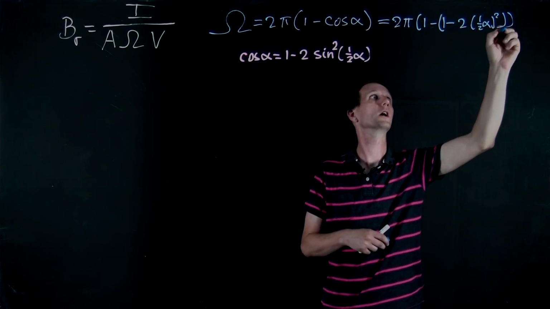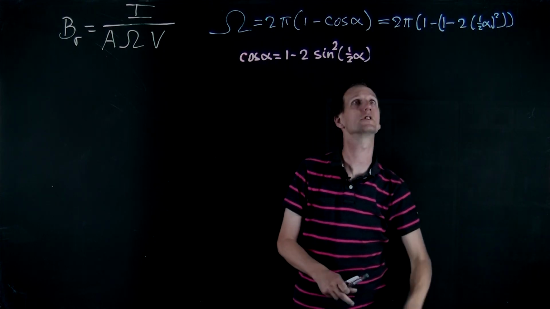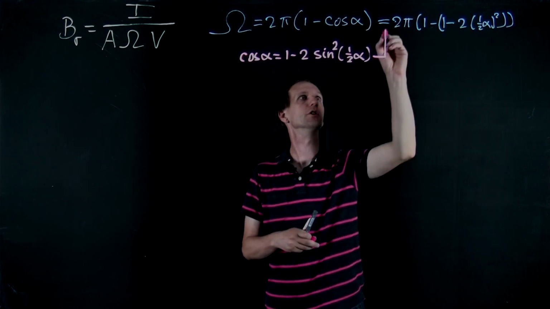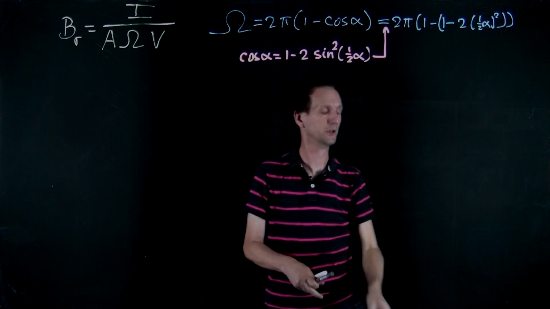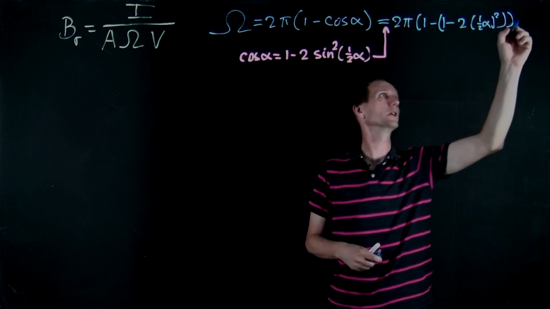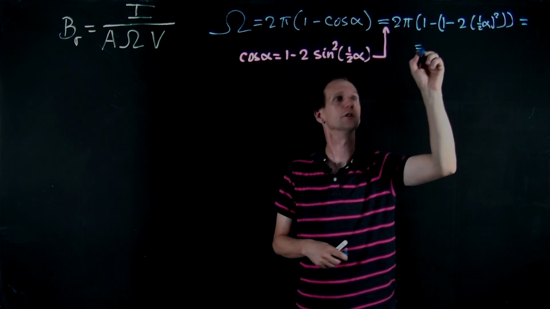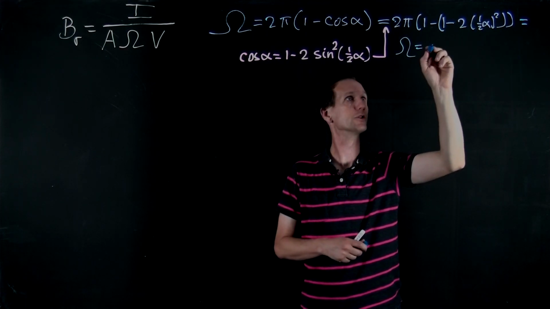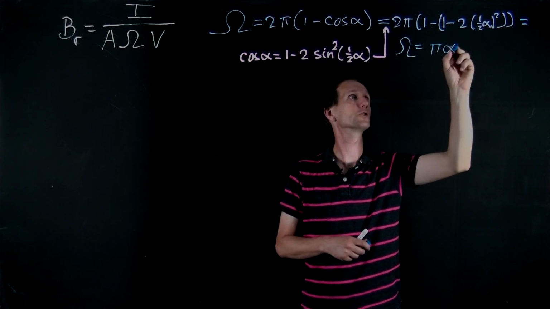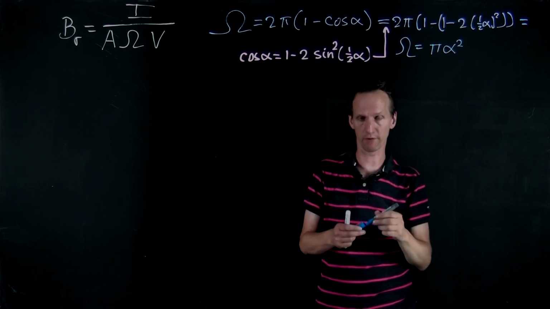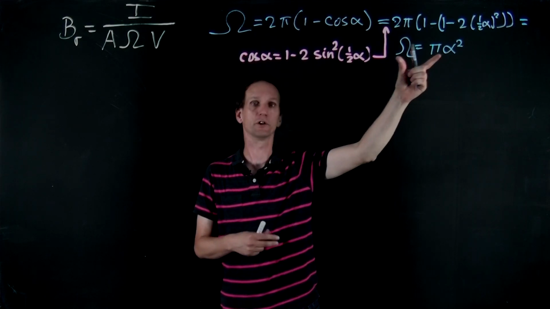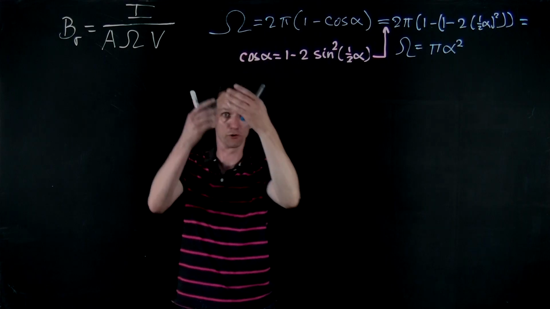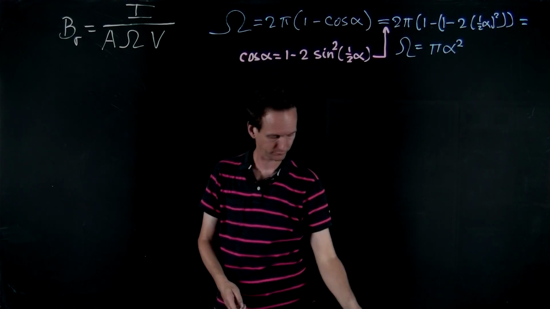So this is inserting this equation into the above equation. If we write this out, this gives us for the solid angle omega equals pi alpha squared.